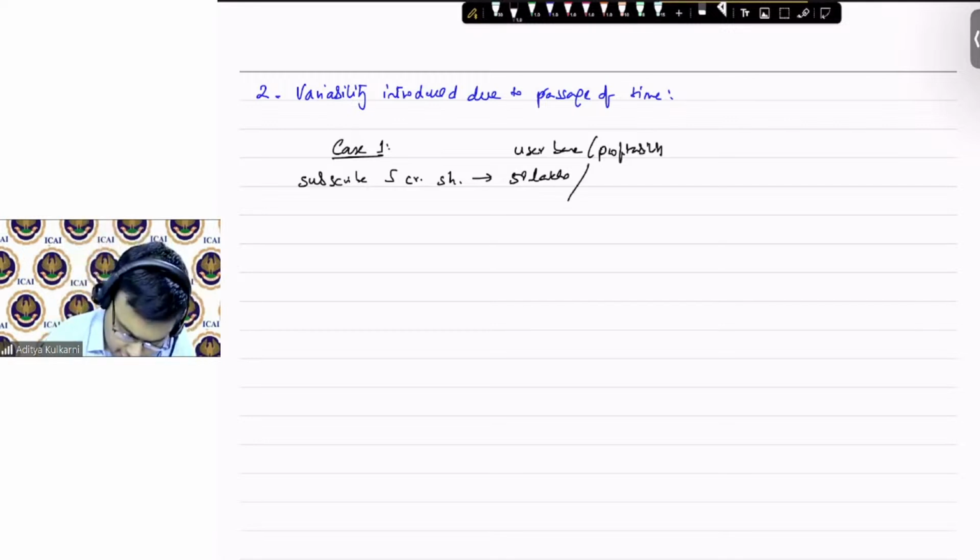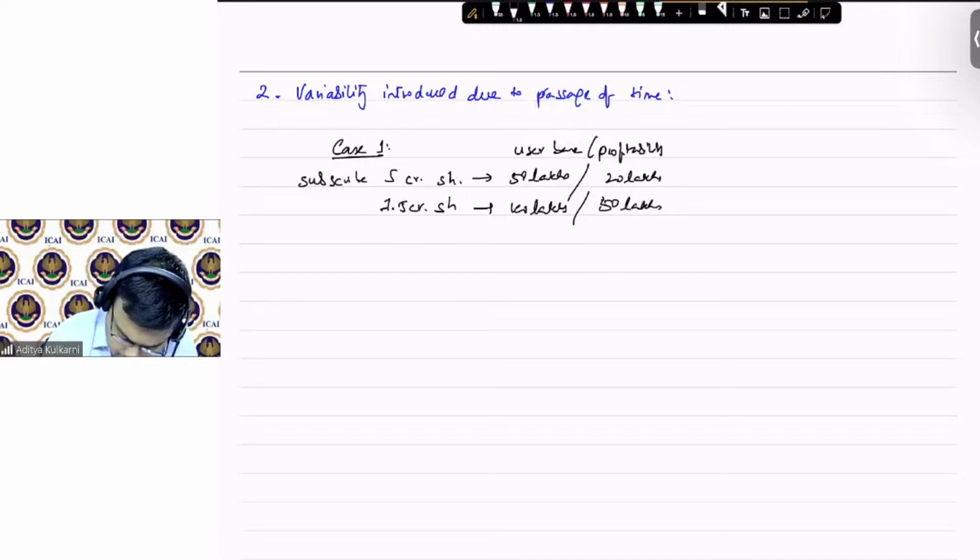Or your profit is, let us say, 20 lakhs. I will subscribe to 7.5 crore shares if the user base touches 100 lakhs or if the profitability touches 50 lakhs. I will subscribe to 10 crore shares if the user base touches 150 lakhs or the profit touches 100 lakhs.